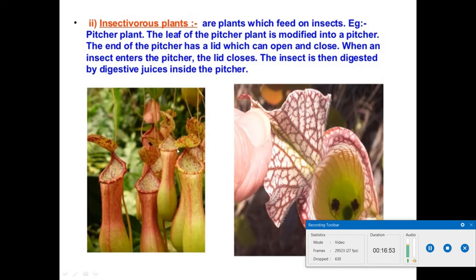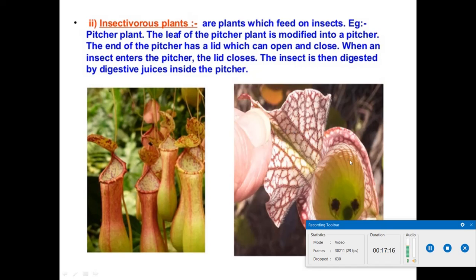So the leaf of the pitcher plant is modified into a pitcher. You can see this is actually a leaf, but it is modified in such a way that it looks like a pitcher, surai or a mug. The end of the pitcher has a lid, as you can see here. At the end there is a lid which can open and close.